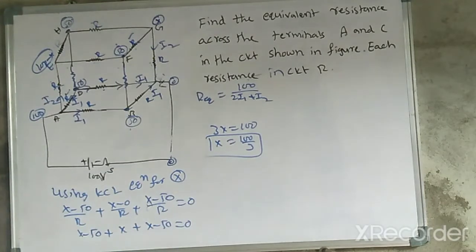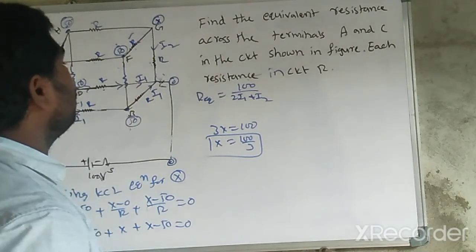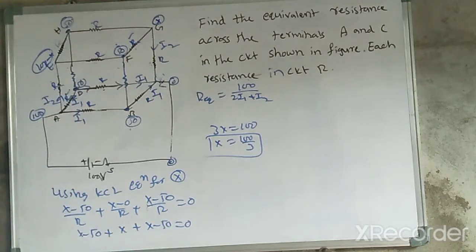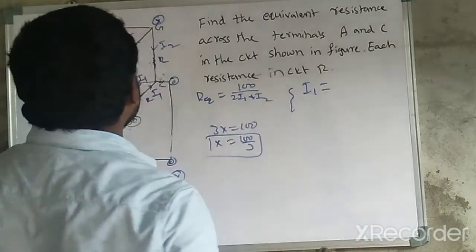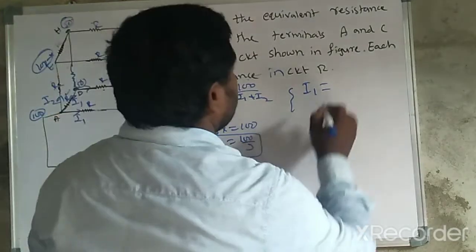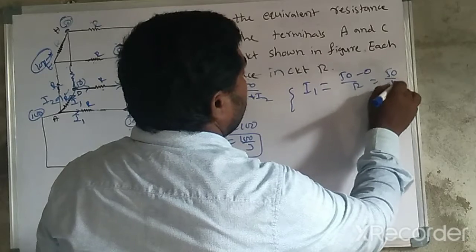Once we know the x value, here is how to find the I1 and I2 values. I1 is (50 − 0)/r, which is 50/r.